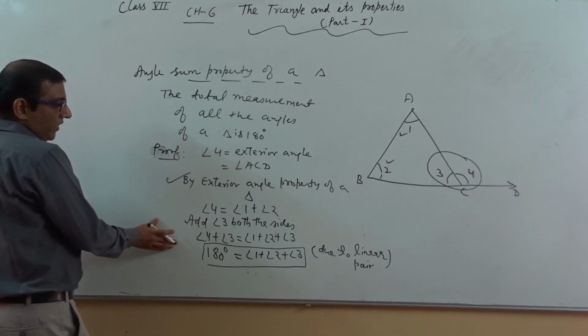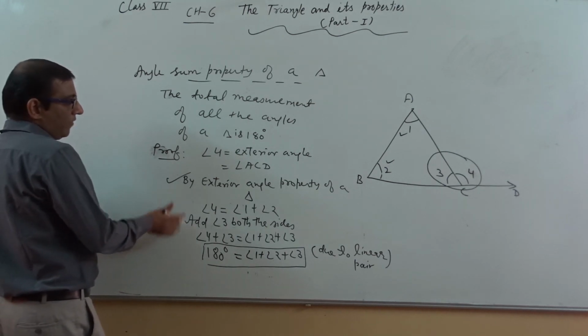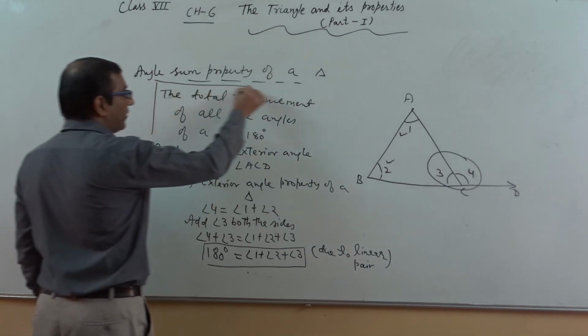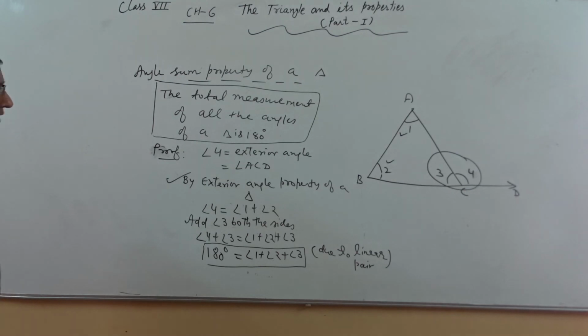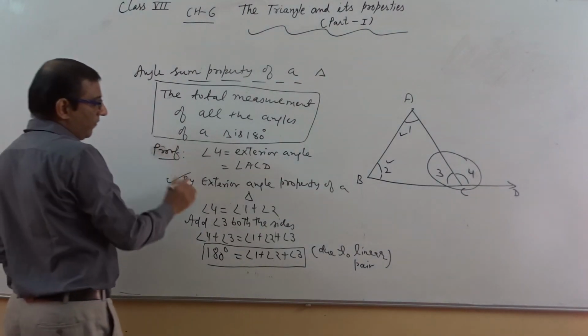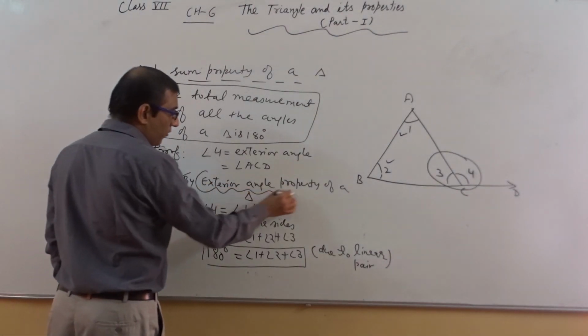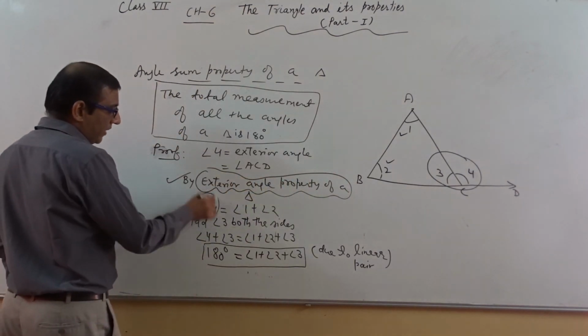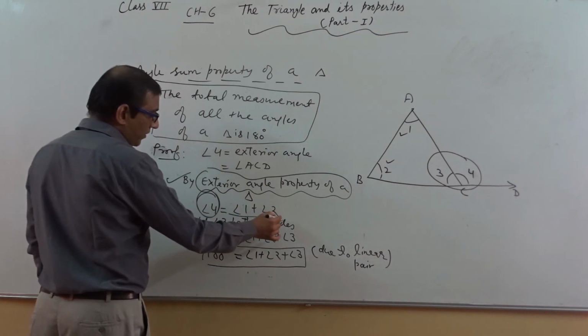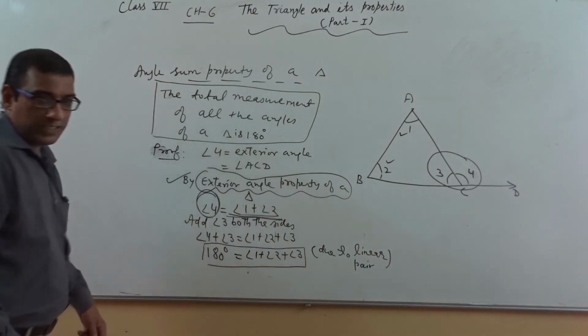So this is the way, with the help of this procedure, we can easily say the total measurement of all the angles of a triangle is 180 degree. For proving this statement, we went with the previous property, that is the exterior angle property of a triangle, in which the exterior angle is equivalent to the sum of its interior opposite angles.